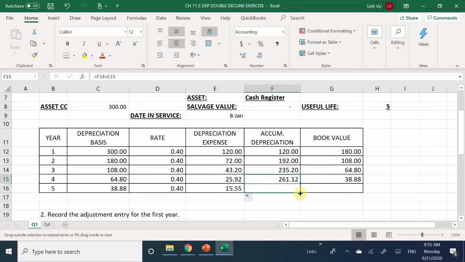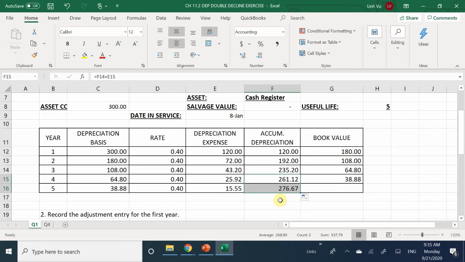What is my accumulated depreciation here? 276.75. What is 12 plus 55? 261. Oh, I have 261.20 in my accumulated the previous year.